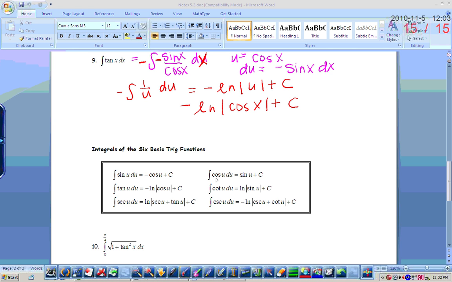The integrals of secant and cosecant, I have not seen them come up on the AP exam in a really, really, really long time. I will probably lightly test you over it at some point. If I give you a pop quiz tomorrow, I won't make you know the integrals of all these trig functions yet. Okay? So the ones you really need to concentrate on are sine, cosine, tangent and cotangent.